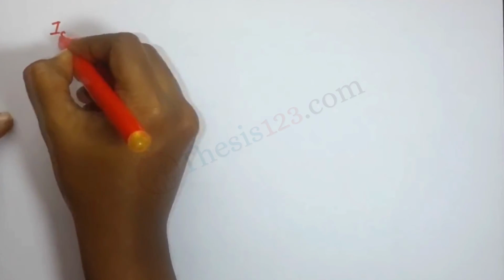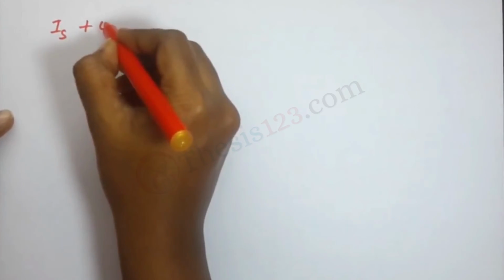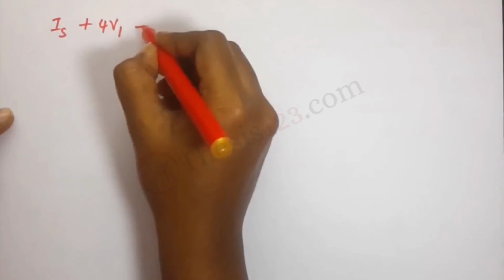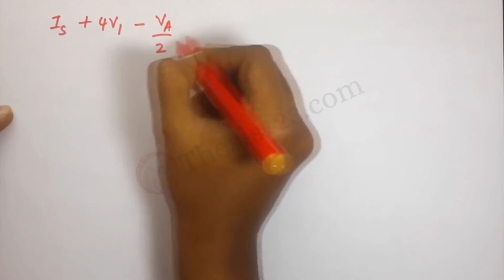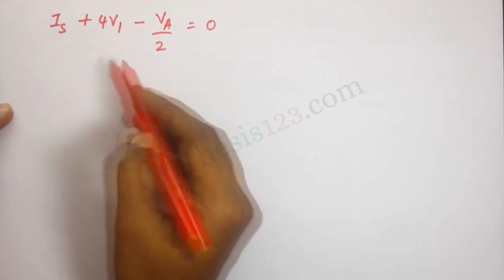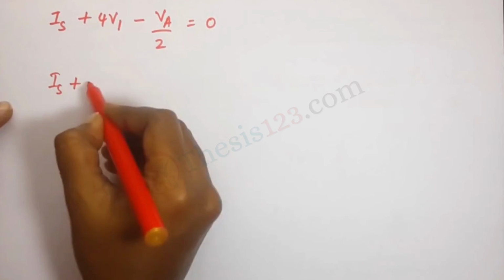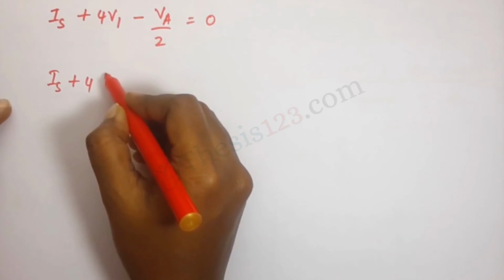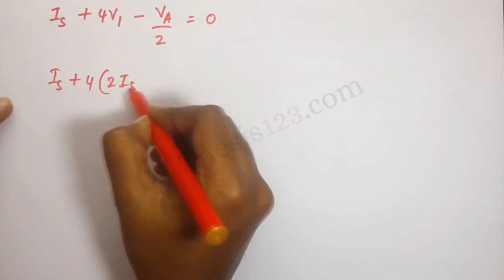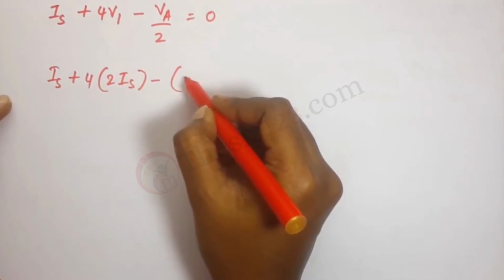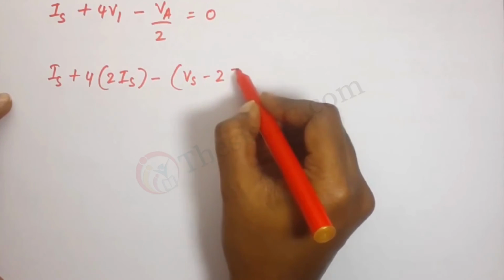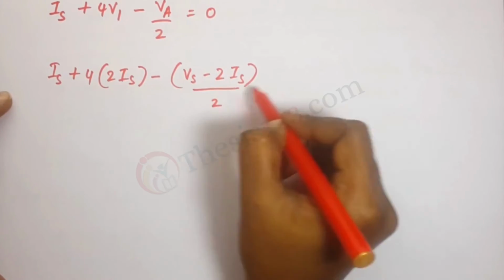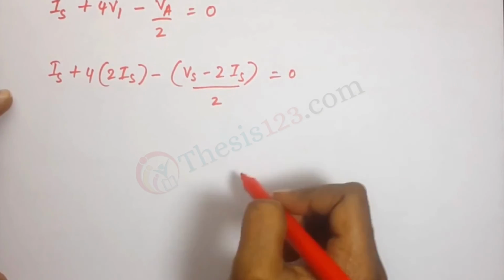Alright, I'll write this down here now. So the equation is Is plus 4V1 minus VA by 2 is equal to 0. Now we substitute: Is plus 4 into V1 is 2Is, minus VA is Vs minus 2Is, divided by 2, is equal to 0.